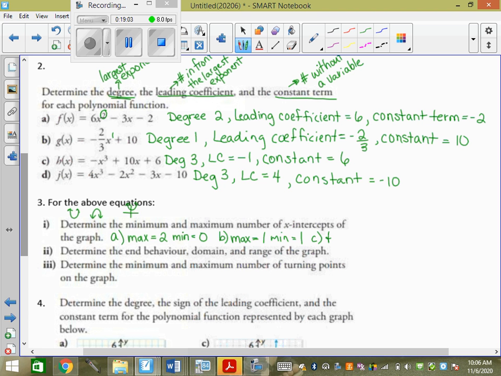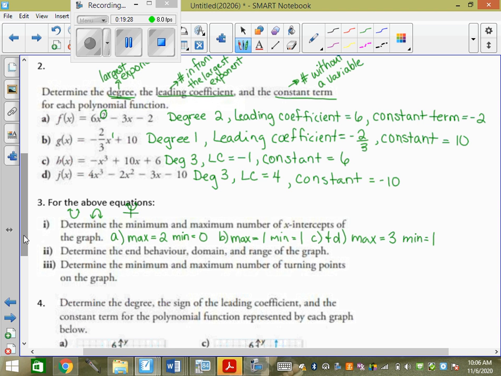C and D follow the same rules because they're both cubic. Both of them are degree 3. What's the maximum number of x-intercepts? 3. It's always equal to your degree. What's your minimum? Because it's an odd function and the arrows go in opposite directions, 1. And then it can be anything in between, right? 1, 2, or 3.